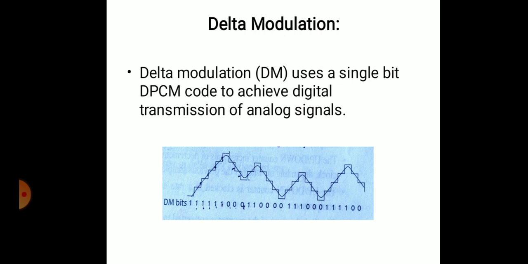Okay. And one thing you must remember is that for voice signals, a delta modulation system operating at 4 kbps data rate is equivalent to a standard PCM system operating with a sample rate of 8 kilohertz and 5 bits per sample, that means at 40 kbps data rate. A clear-cut advantage of using delta modulation over PCM we can see from the bit rate or data rate.